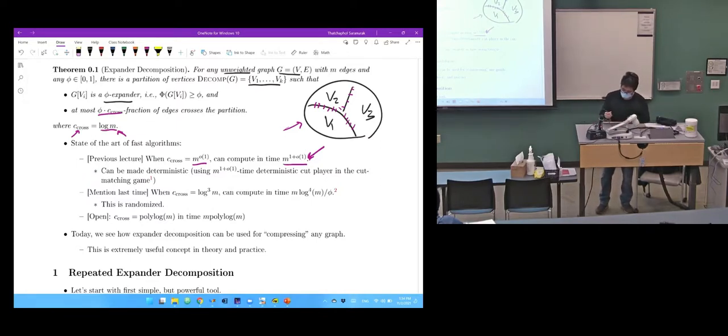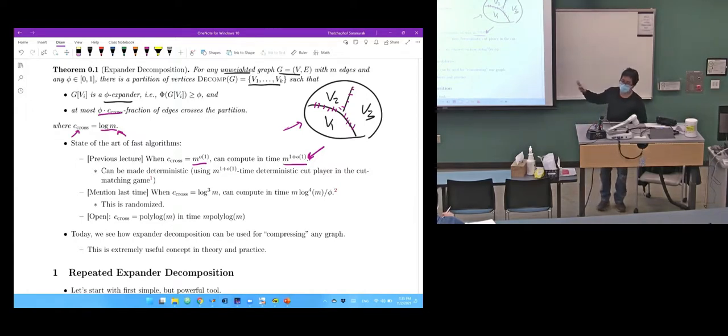So the reason is that in the balanced cut algorithm, there are two components. One is the cut player, and one is the matching player. For the cut player, we saw a fast randomized algorithm, but I mentioned that there is a fast deterministic algorithm too.